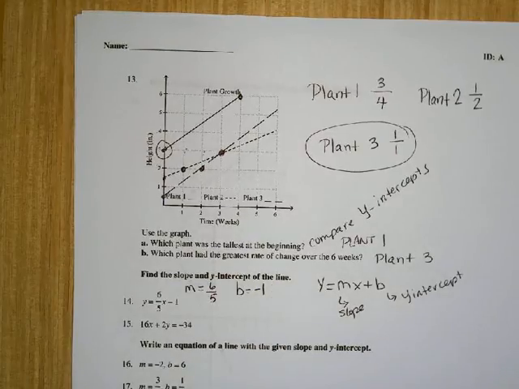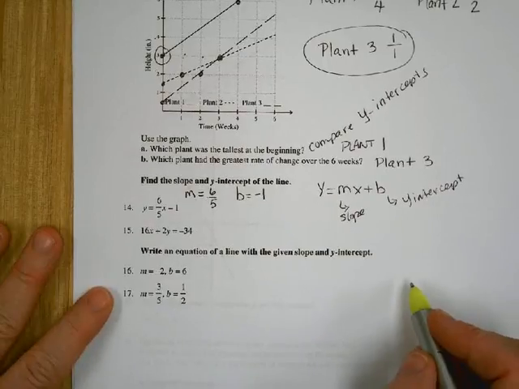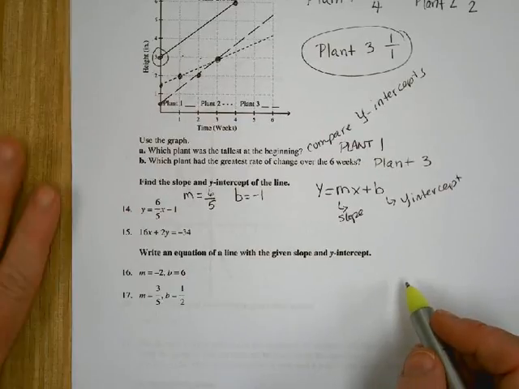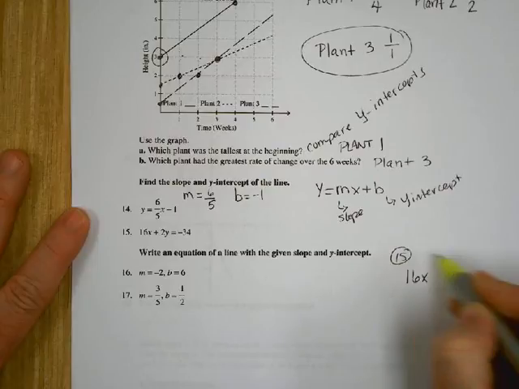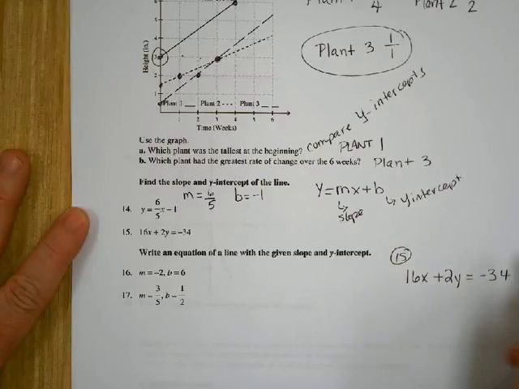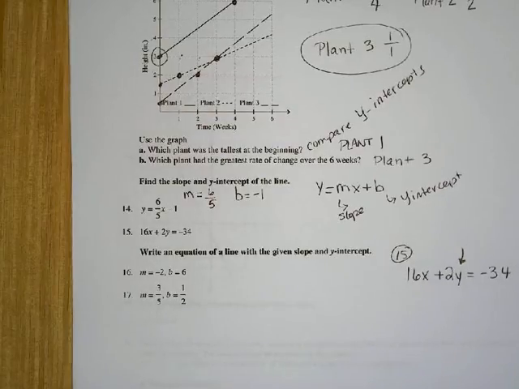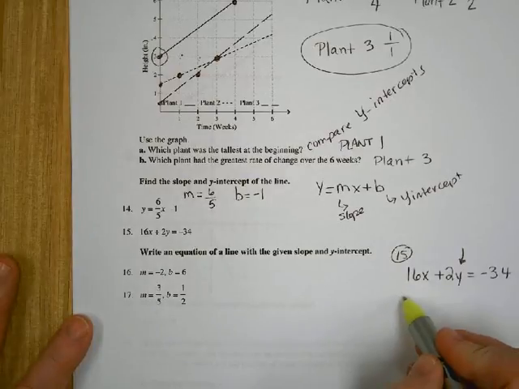Now, number 15, a little bit different story. They ask us there to find it, and this is what they give me. This is 15. It says 16x plus 2y is negative 34. You can't determine the slope and the y-intercept until you solve for y. So you need to subtract 16x from each side.